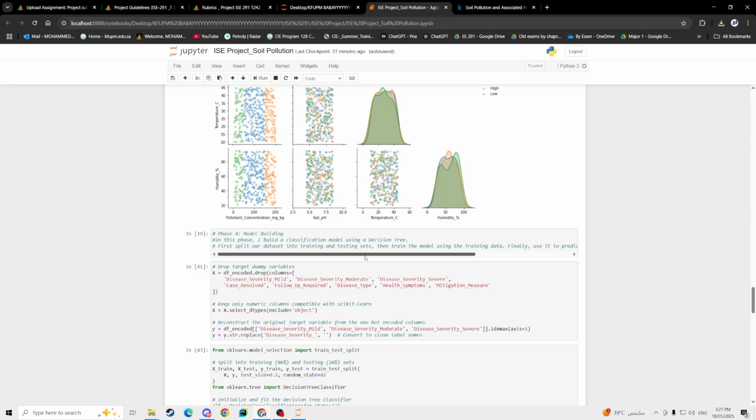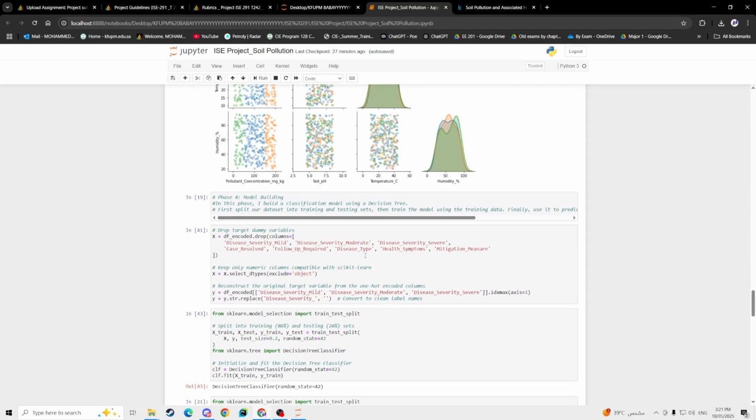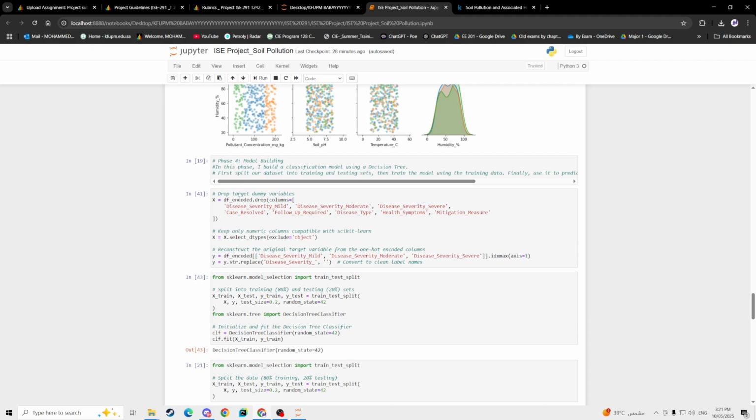Moving on to phase 4, I planned and built my model. I started by first dropping the features that could leak into the label, which I achieved by dropping the dummy variables I converted from categorical data types into numerical data types, keeping only the numerical columns compatible with the scikit-learn model.